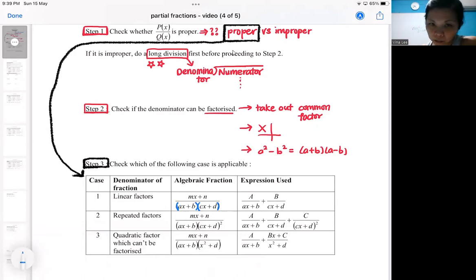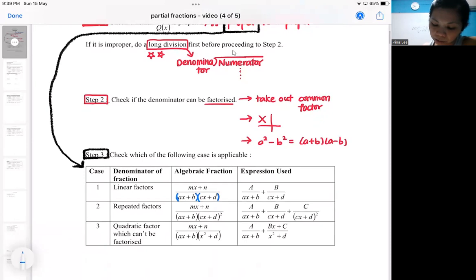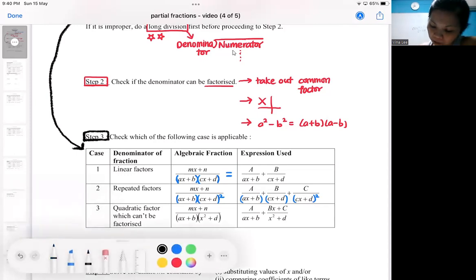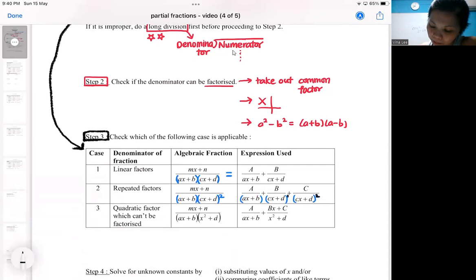If the denominator has two linear functions, it becomes two simple fractions. If the denominator is being repeated, there's a power 2 there, that means one of the brackets is being repeated. So you will make it into three of them. The one that is being repeated will progressively start from power 1, then power 2.